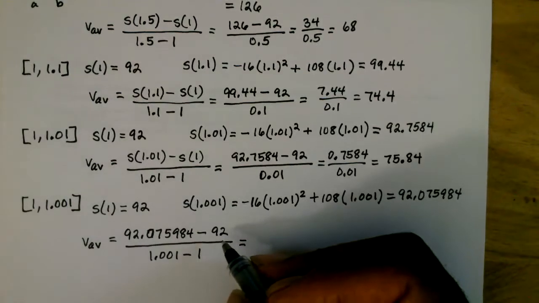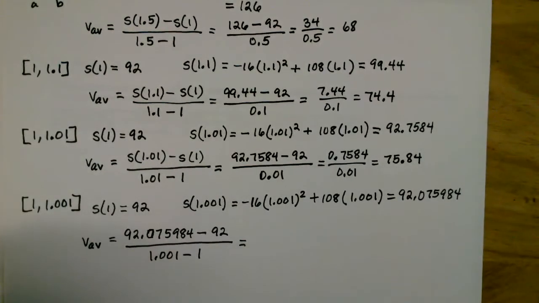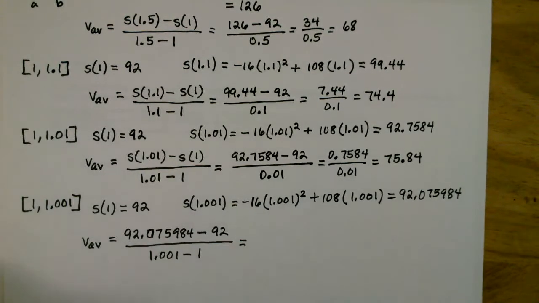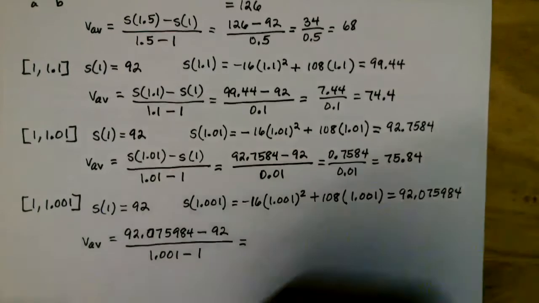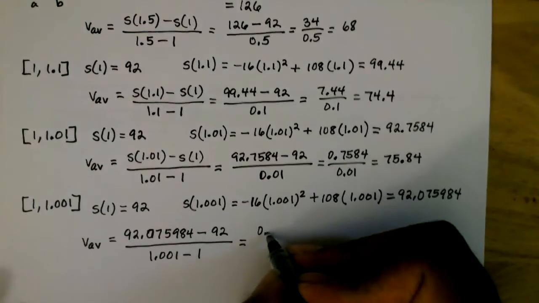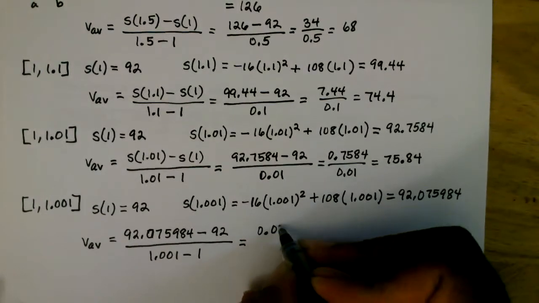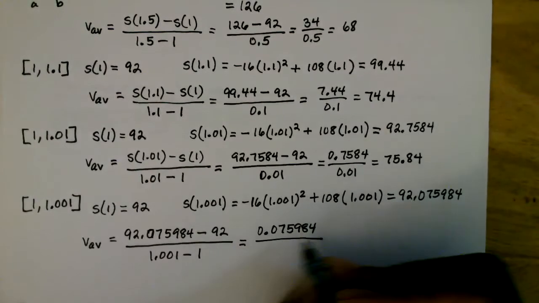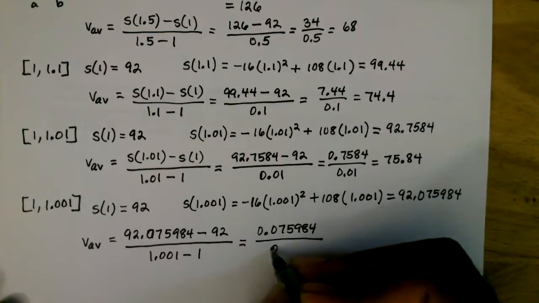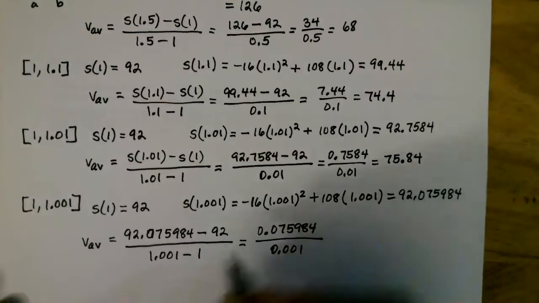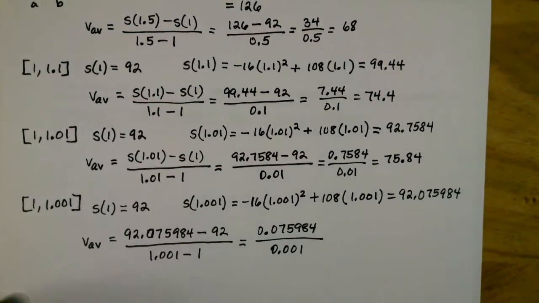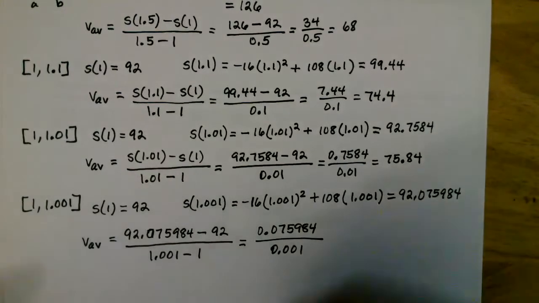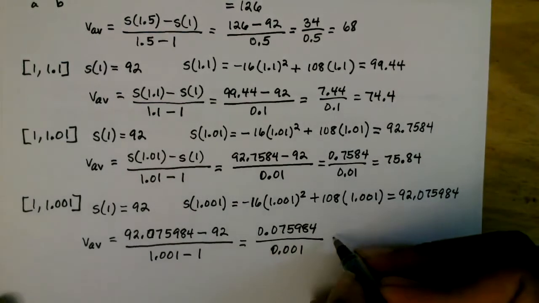And if I subtract 92.075984 minus 92, that will be just a decimal, 0.075984, divided by 0.001, which is 1.001 minus 1. Divide that, and you'll get 75.984.